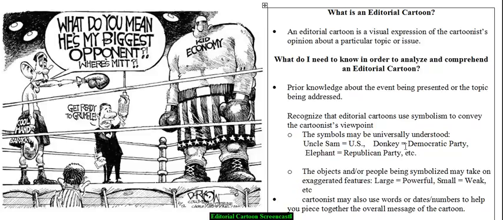So in review, an editorial cartoon is simply the cartoonist's opinion about a particular topic or issue. You need to have some prior knowledge about the event or the topic being addressed in the cartoon. You need to recognize that editorial cartoons maintain symbolism and that those symbols sometimes are universally understood, such as the Uncle Sam symbol of the United States, the donkey symbolizing the Democratic Party, the elephant symbolizing the Republican Party.